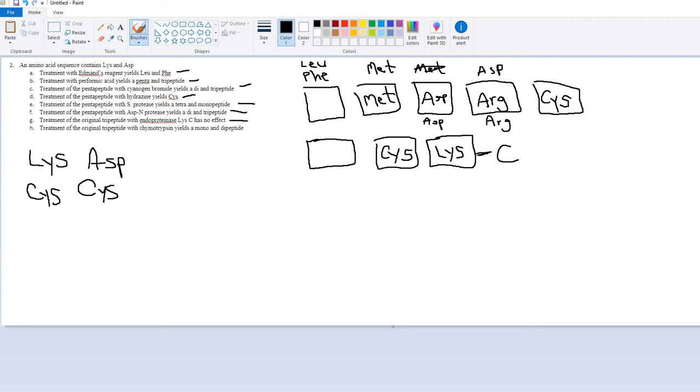And now for the last clue, it says treatment of the original tripeptide with chymotrypsin yields a mono and a dipeptide. And chymotrypsin cleaves at phenylalanine, tyrosine, and tryptophan on the C-terminal. Now, we know that a phenylalanine has to go either here or here. And chymotrypsin does not cleave leucine, so the phenylalanine must go here.